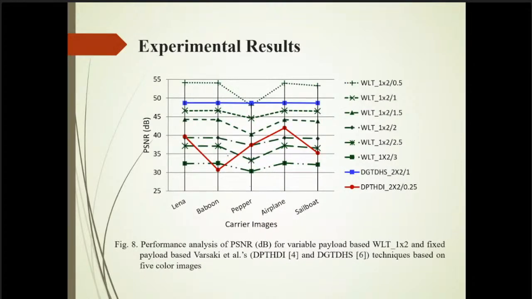Here you see for the Legendre transform, it does not go below 30. That means if I use the Legendre transform and the 1x2 mask, definitely the perceptive quality of the embedded image will be much nearer to the original image. That means the invisible communication is much more successful.